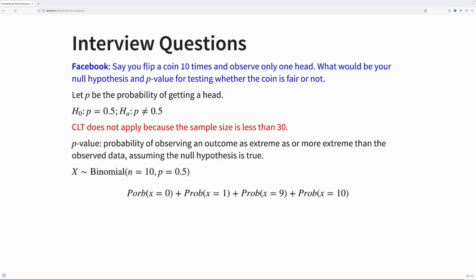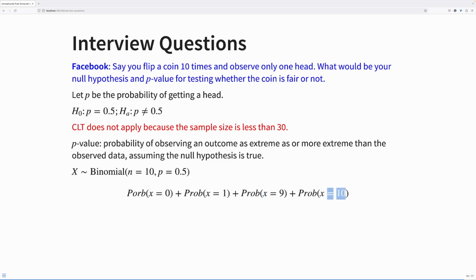X follows a binomial distribution, and we are calculating the probability of x equal to 0, which means we don't have any head in the 10 flips, and the probability of x equal to 1, which means we have one head. We need to consider the extreme cases for the other tail, which means we get 9 heads and 10 heads, these two cases. Why?